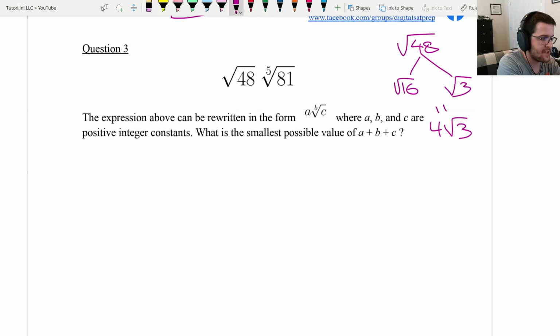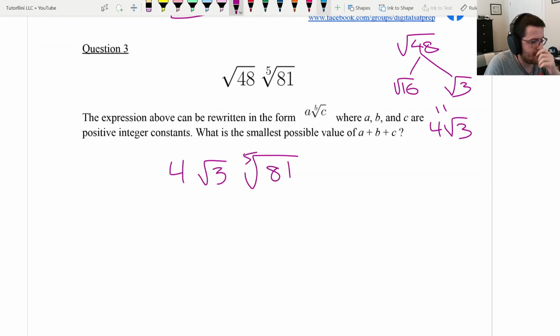So we're going to change this into 4 root 3, the 5th root of 81. And now, oh, wait a minute. If I know my power table, I see that I can write both of these with a base 3. 81 is 3 to the 4th. So now I'm in business.